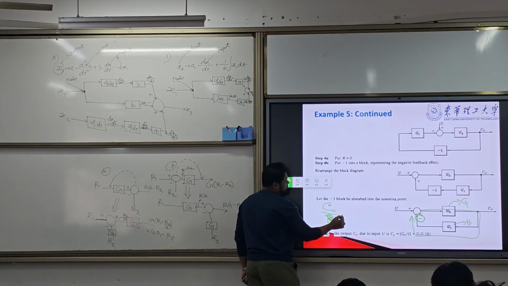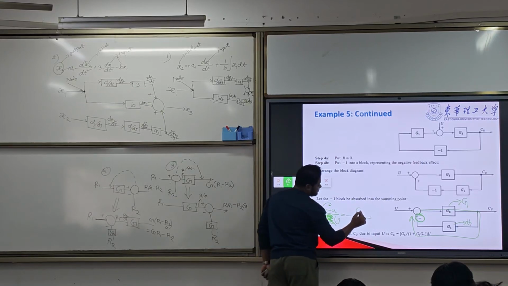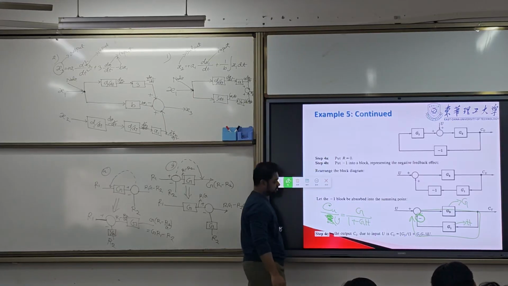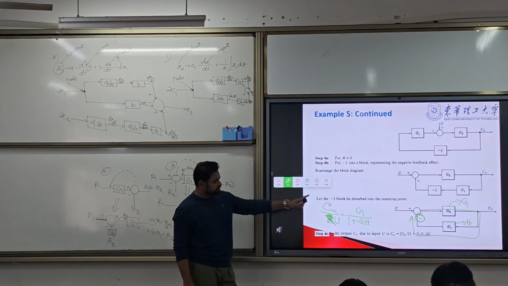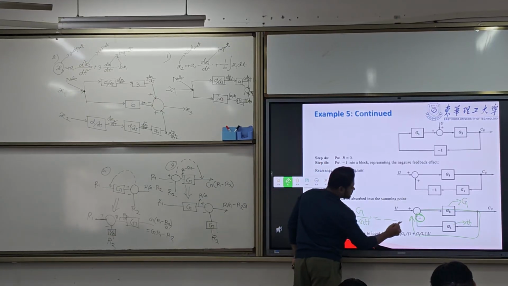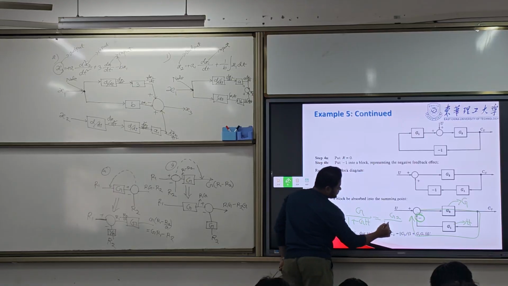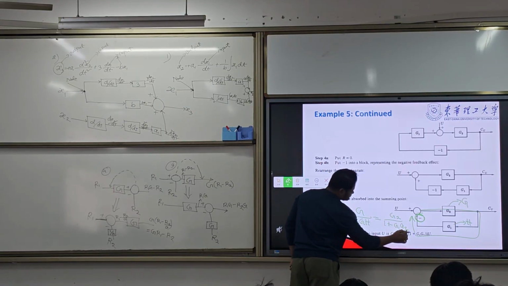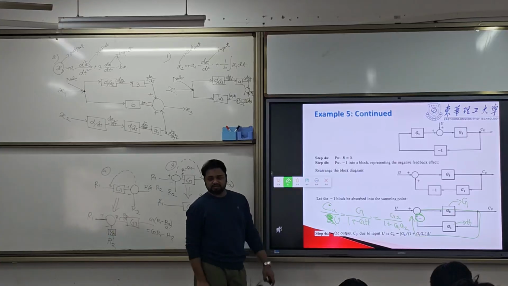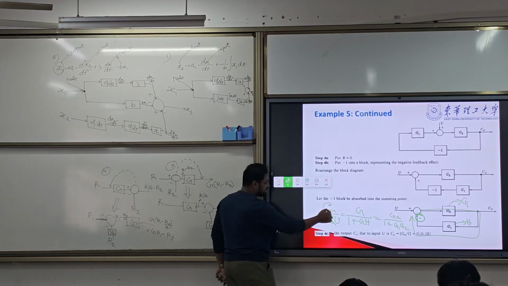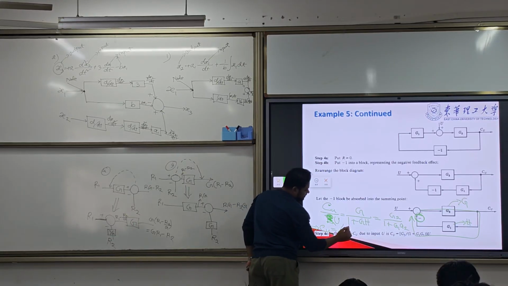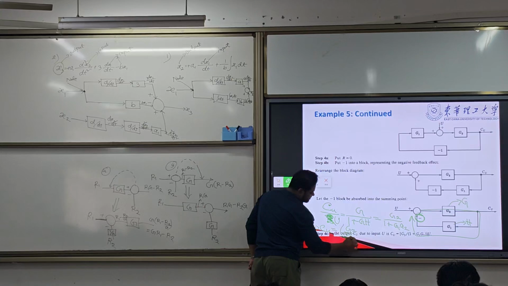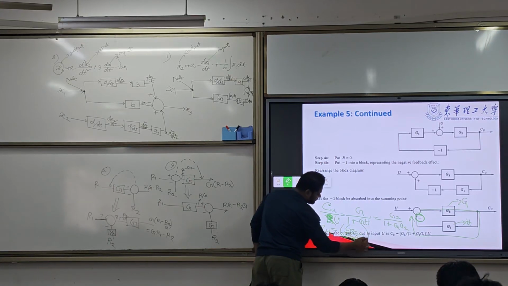Cu by U is G by 1 plus GH, and G value is G2, so G2 by 1 plus G1 G2. But now we don't need to find this transfer function, we need to find this Cu. So we can write Cu is equal to G2 by 1 plus G1 G2 into U.